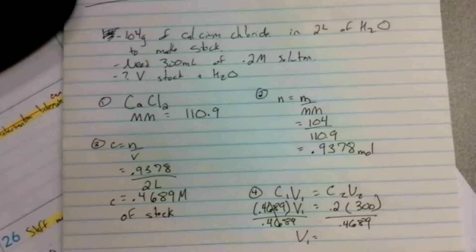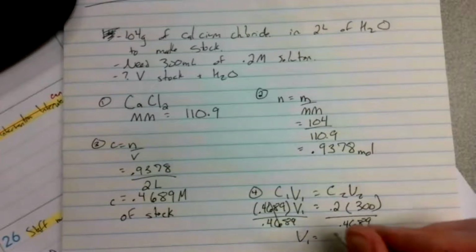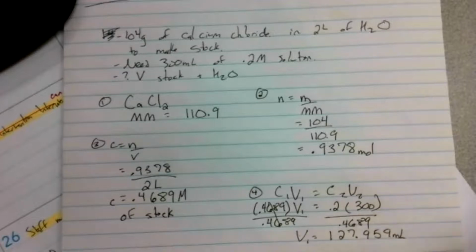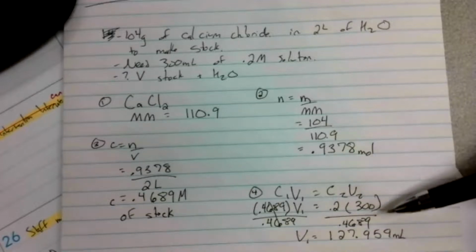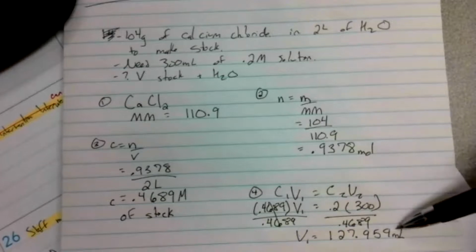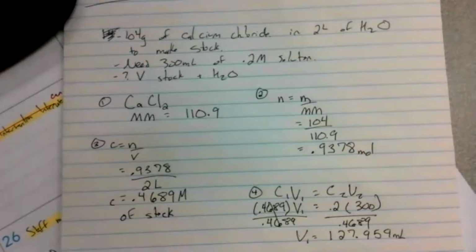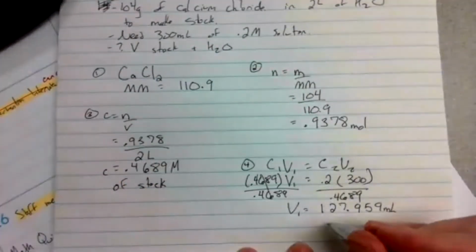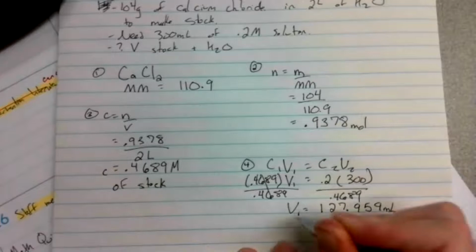And let's see what that is. That gives us 127.959 milliliters. Because I plugged it in milliliters, the answer comes out in milliliters. Okay, so that is how much of the stock solution we need.